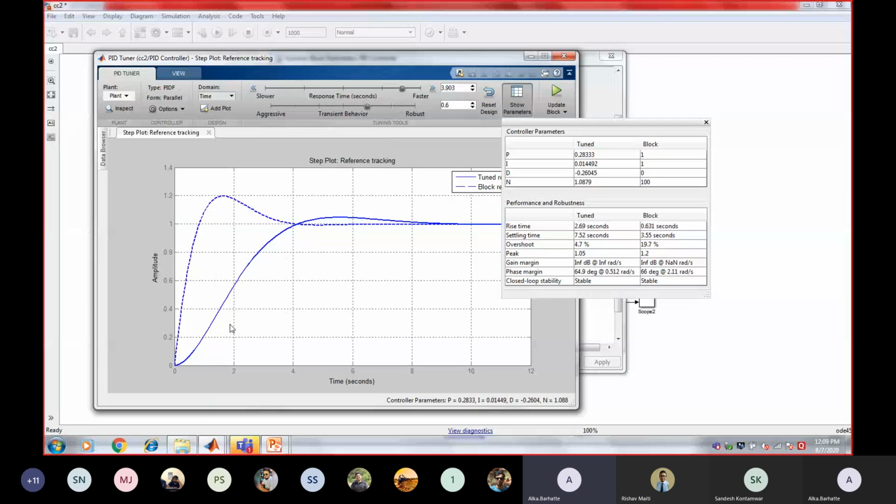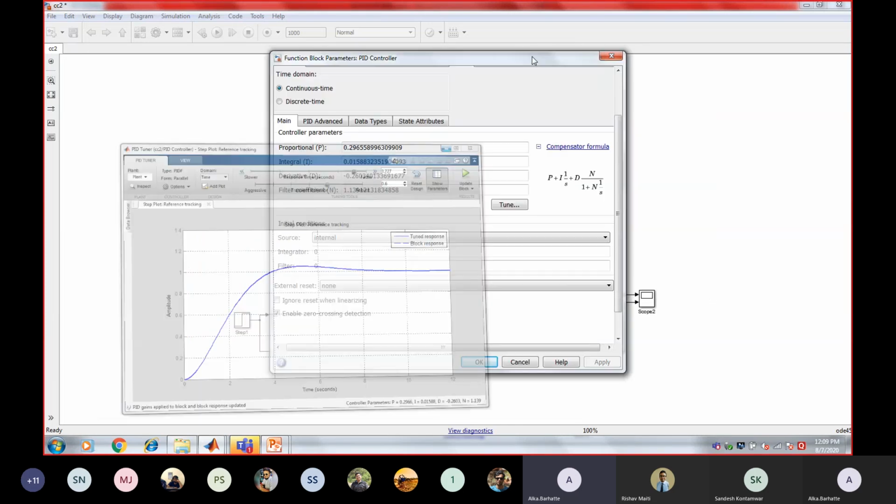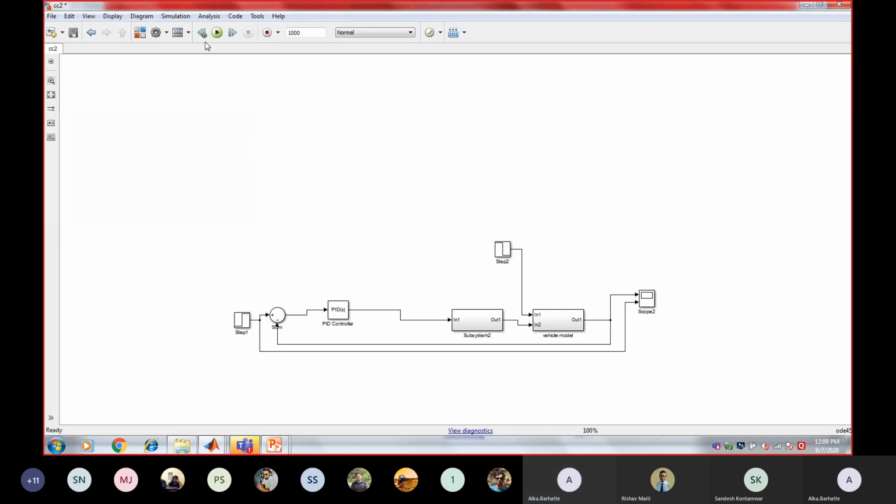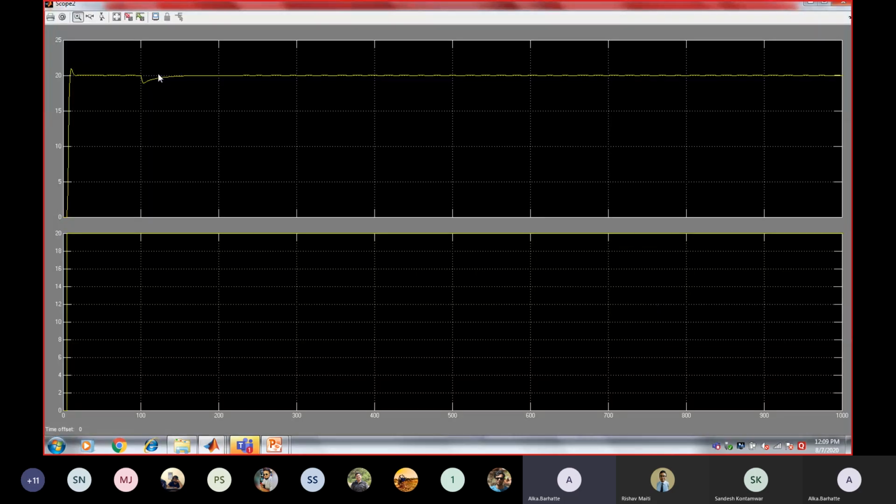There is a smooth transition we are getting instead of a sudden jerk. So depending on the application, you can set your system to the previously tuned values, 110, or these are the tuned ones. If I say update, both will change, and we will check this response on our system. Here I'll run it again because we have tuned that PID, and this is what you are able to observe.